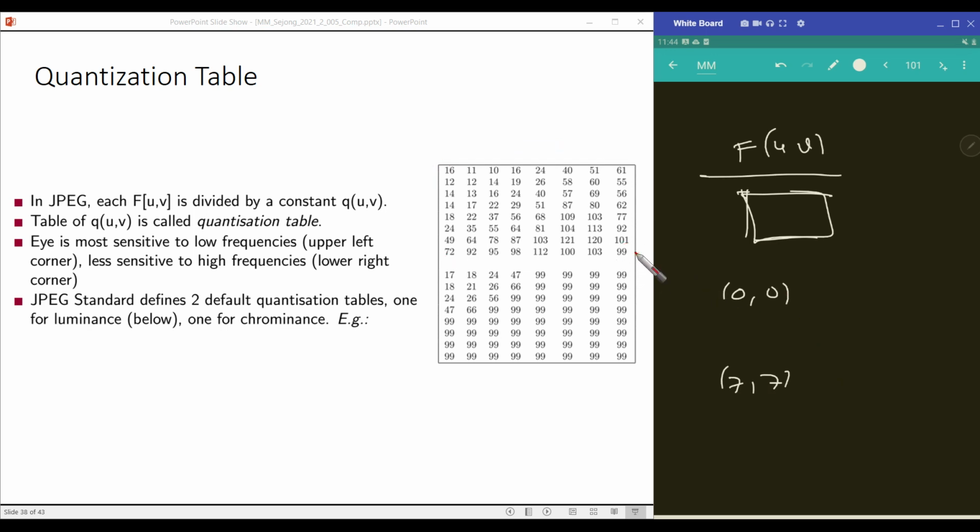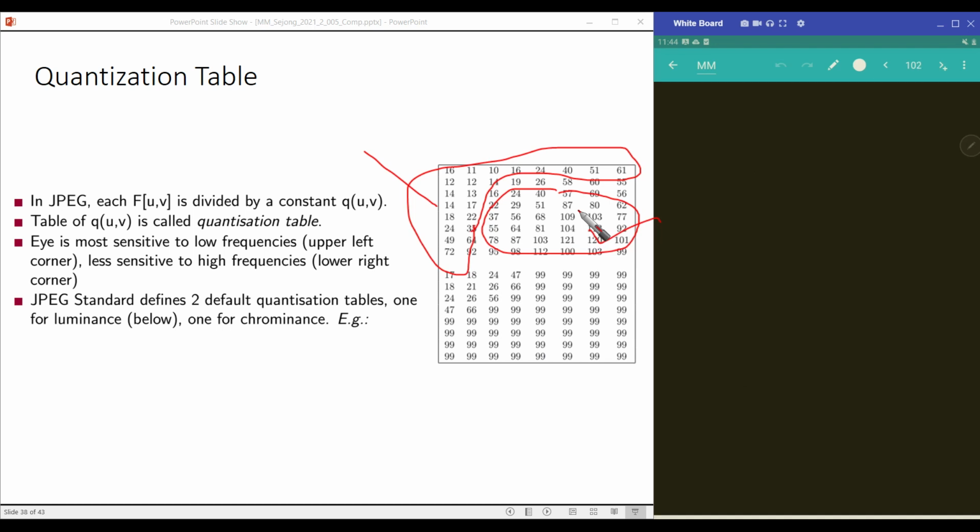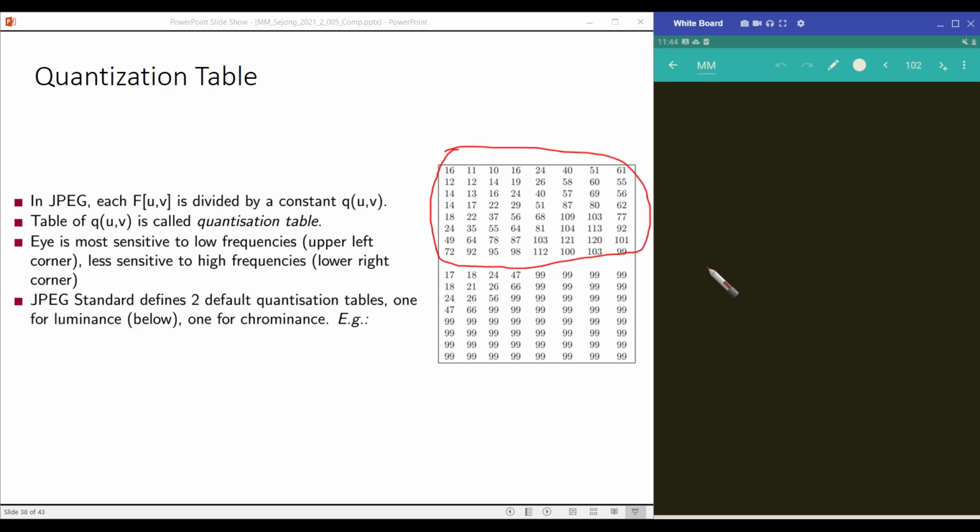In a nutshell, you can see that these numbers are larger compared to those numbers, because this is our low frequency content, so we divide it by smaller numbers, and we divide high frequency contents by larger numbers. Even if it becomes 0, we don't care, we can ignore it. These numbers we call a quantization table. Why quantization? Because when we divide, we are basically quantizing our numbers in some sense.